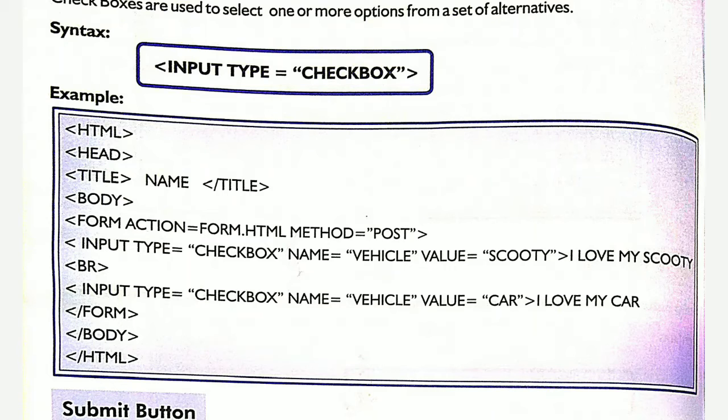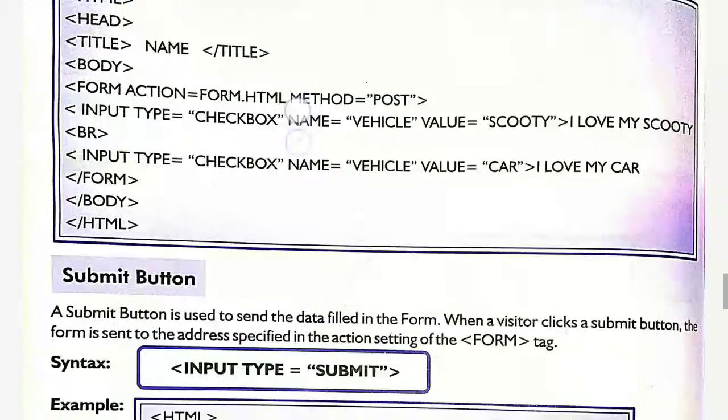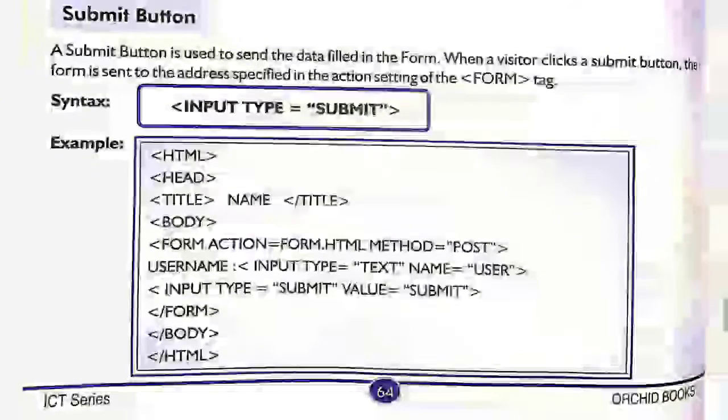Okay, so this is known as checkbox. You can select all the options from the checkbox if you need. If you want some options, then you can select one or two options as you wish. So next is submit button. This is a common button.